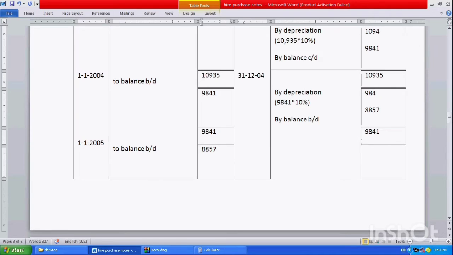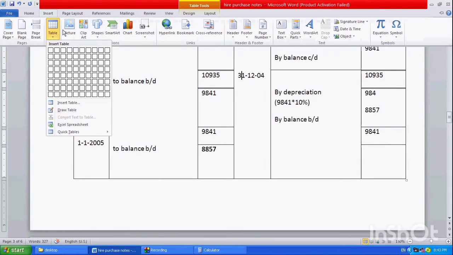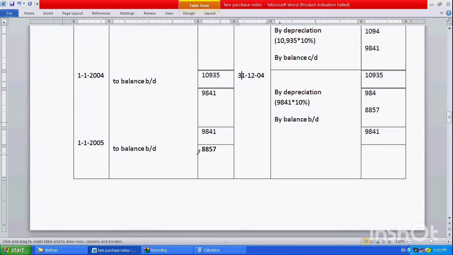The balance amount is 8,857. This is the final balance. I'm making it underline. After paying depreciation for 5 years, the vehicle value will be 8,857.